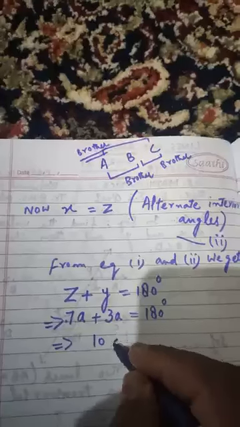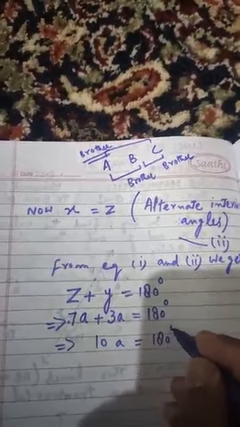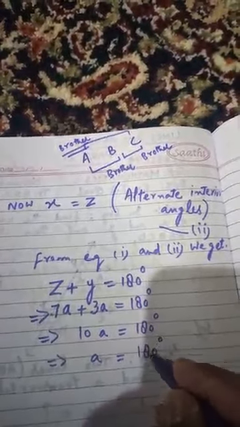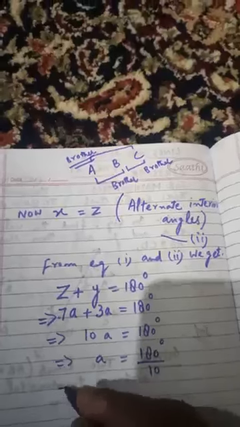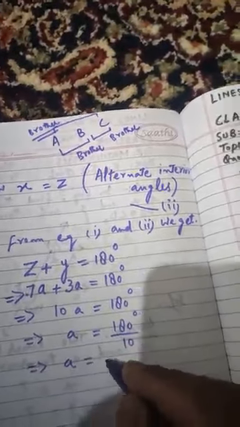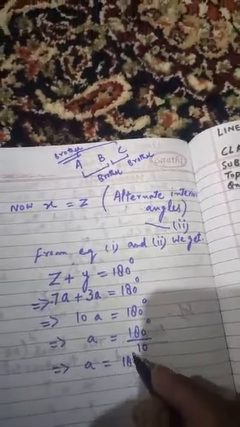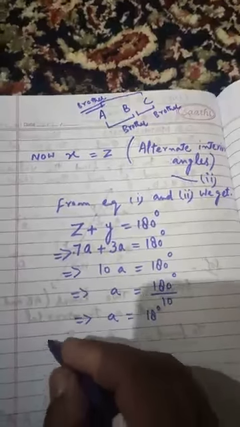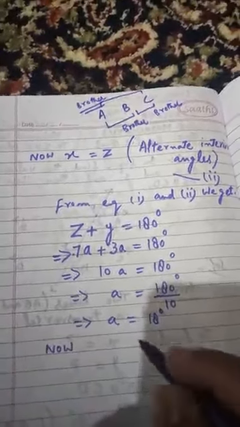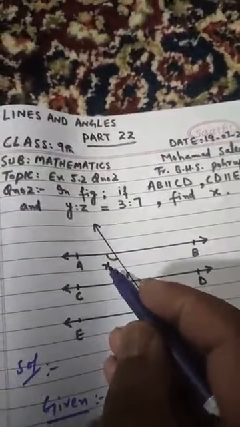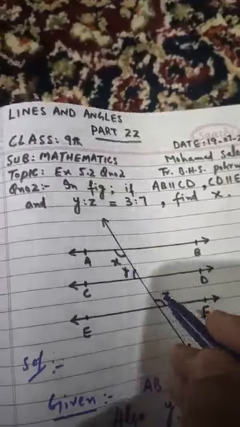This is 10a is equal to 180 degrees, and that gives a is equal to 180 degrees divided by 10. That implies a is equal to 18 degrees. Now we can find z. If we find z, we definitely know x, because these are alternate interior angles.